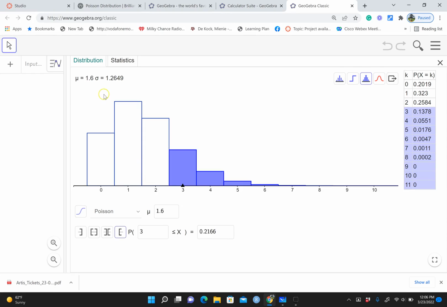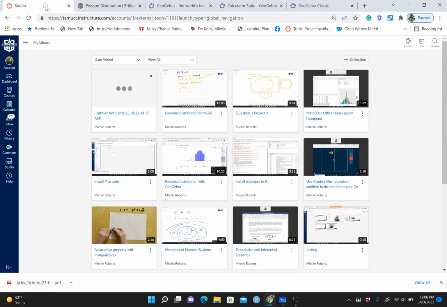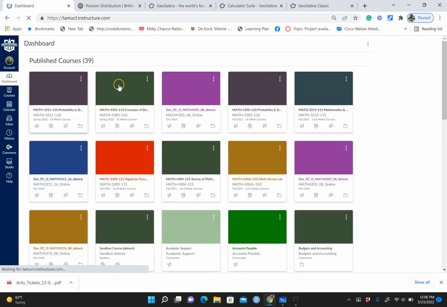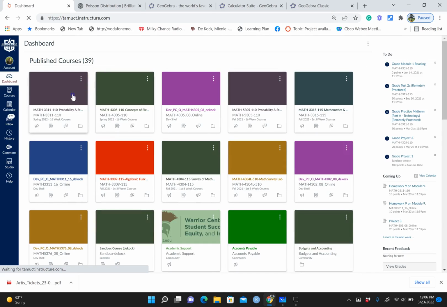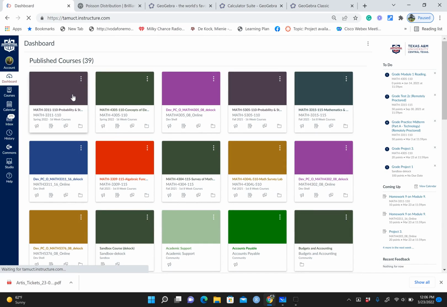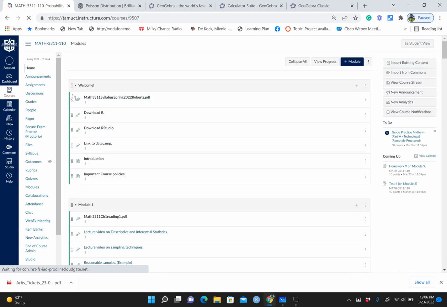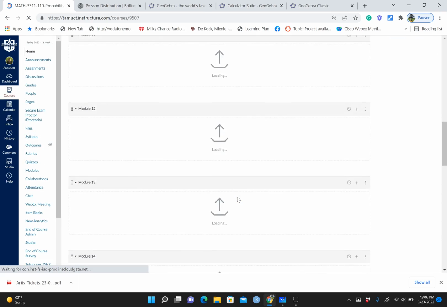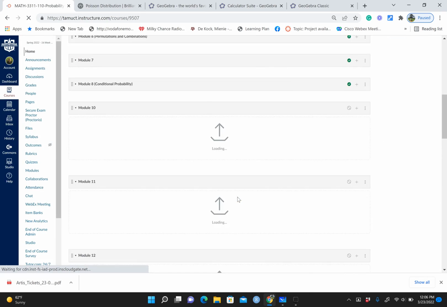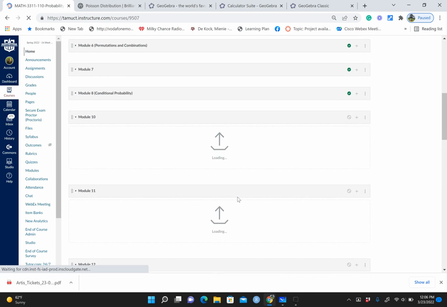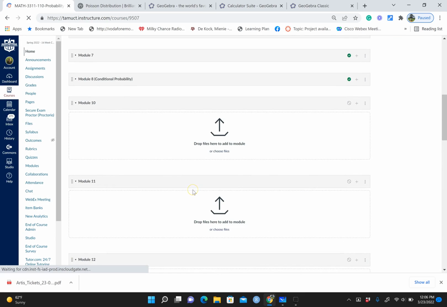But let's just make sure that we know how to apply the theory. And if you take a look at my notes, I would highly recommend that you read the notes. I try to be very concise, but you will have to know how to apply the formula on the final exam. I will give you the formula, so you don't have to memorize the formulas, but it will be very important that you know how to apply these formulas.